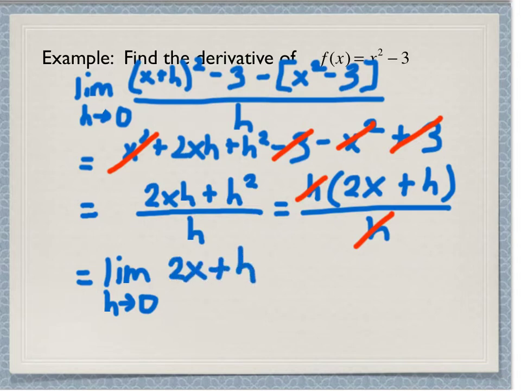So we say that because h gets so close to 0, we're going to basically call this 0, and my answer here will end up to be 2x. Very powerful, because now no matter what x is, we can figure out what that slope at that point will be. In other words, the derivative.